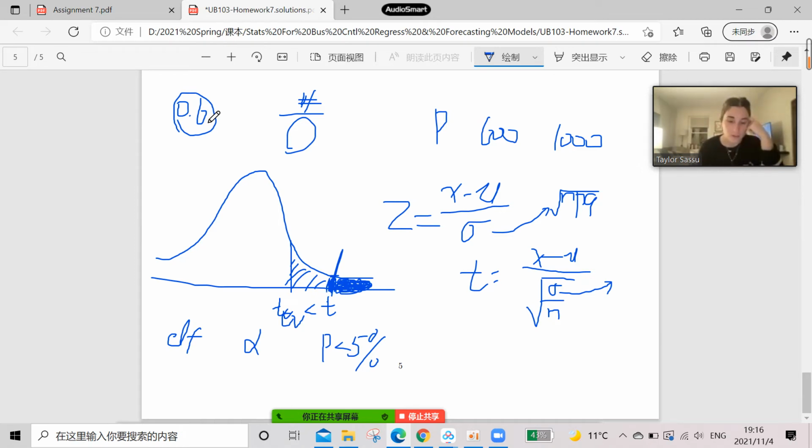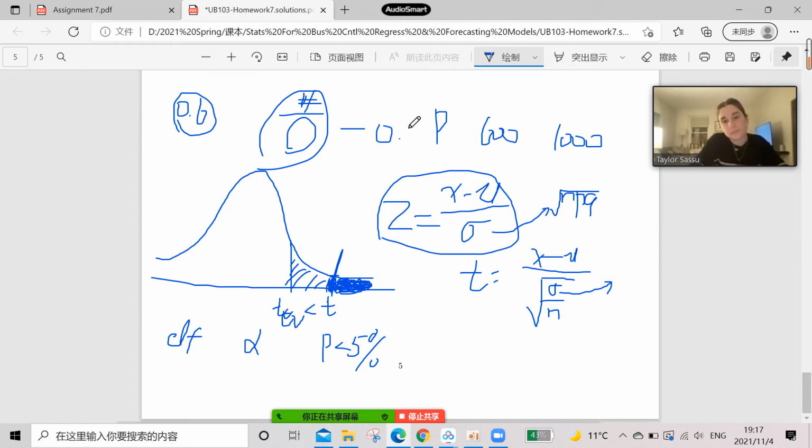Okay. And then you want to test the observed one. That means when you calculate the standard error, you're using the observed P. I'll write that down. That is also a z-test. So the x minus mu is this observed value minus 0.6.